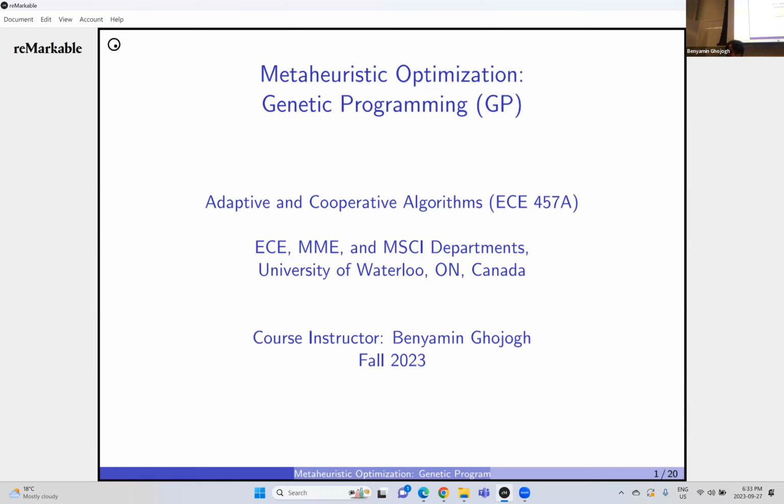Many of the metaheuristic optimization algorithms that we are covering, you will see their code in the tutorial sessions. Also, you will see some examples. For example, one of the tutorial sessions will talk about solving the traveling salesman problem using the ant colony algorithm.